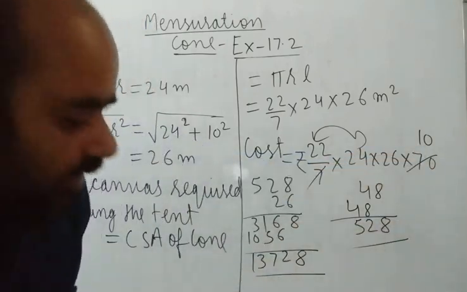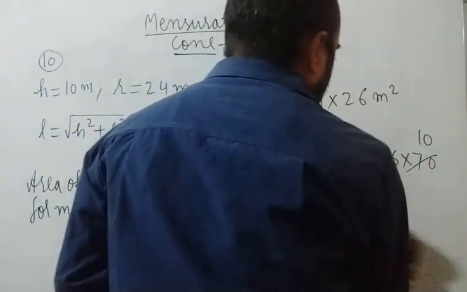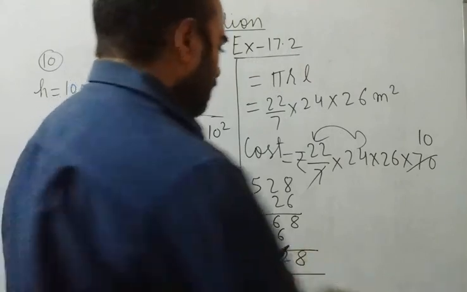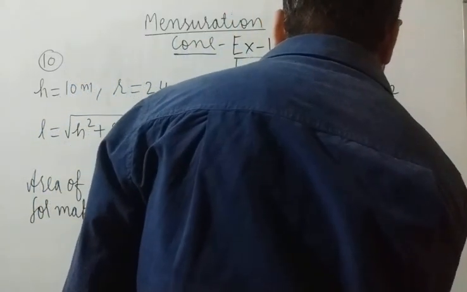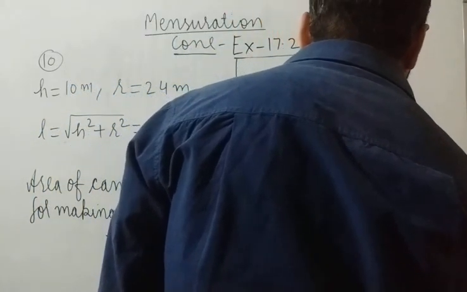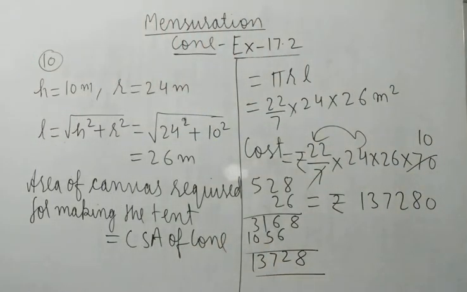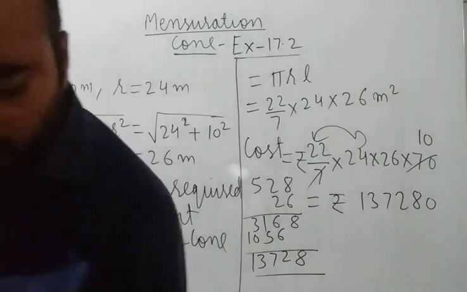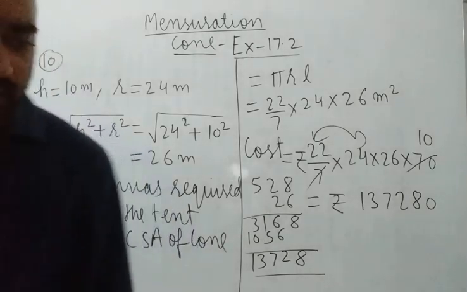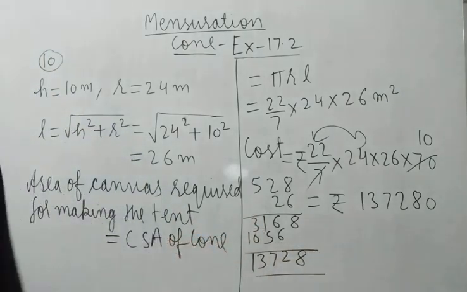It means finally the answer is rupees 13728. Correct? That will be the answer. Units are same everywhere. So that is the final answer.